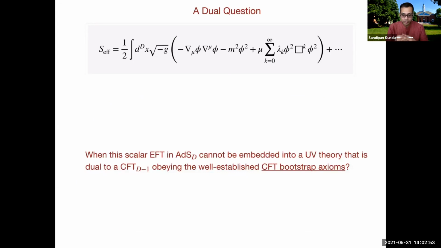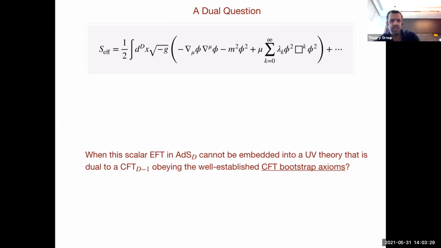The question that I'm going to answer is the following: when can this scalar effective field theory in AdS not be embedded into a UV theory that is dual to a CFT obeying the well-established CFT bootstrap axioms. I'm going to analyze this dual CFT and require this CFT to be a UV complete CFT that obeys all the bootstrap axioms. Is that clear? Any question?